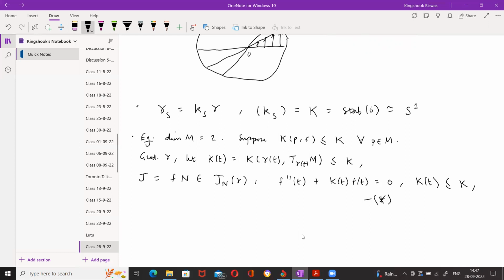So k(t) less than or equal to k implies that solutions to star grow faster than solutions to the ODE with constant coefficients, f double prime plus kf equal to 0, with the same initial conditions.